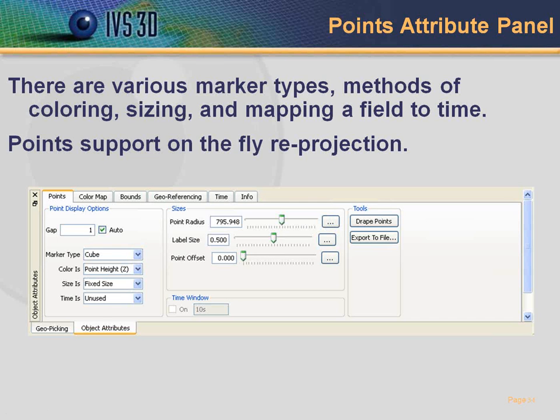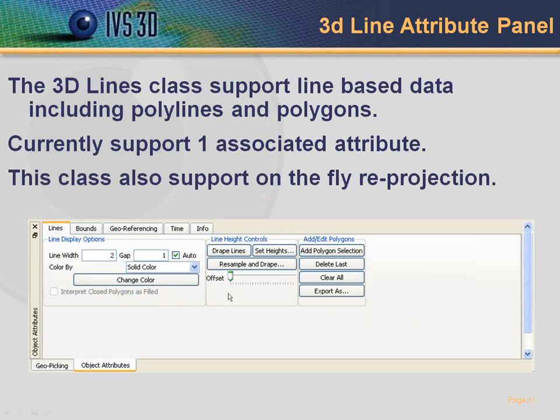We bring in a lot of data from different GISs or AutoCAD data. Often it's just 2D point or line data, and sometimes we want to drape it on the surface. There are options for that, exporting it, whatnot, and options to look at just a time window, and so on.